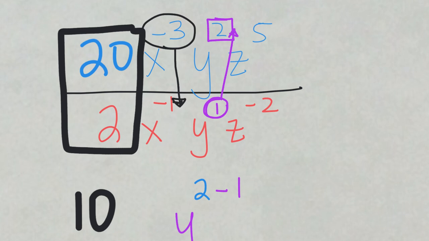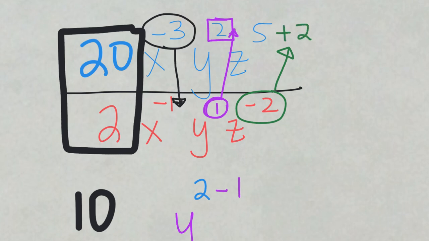Okay, and then what z is larger? Is z to the 5th larger, or is z to the negative 2 larger? Hopefully you know that z to the 5th is larger, which means we're going to move our negative 2 up to the top with the larger term. Yes, x to the negative 1 is larger than negative 3 because it's closer to 0. So we're going to be doing the opposite operation.